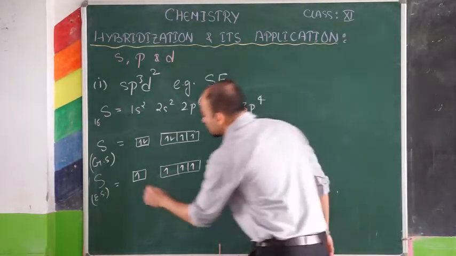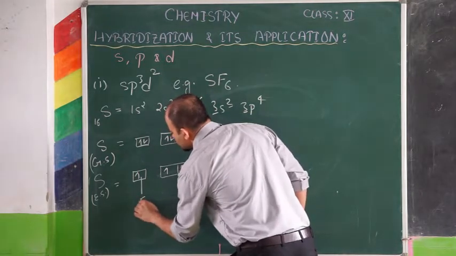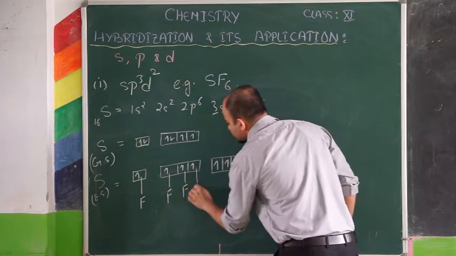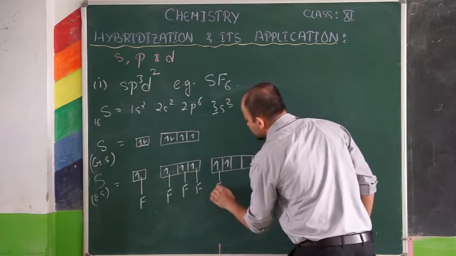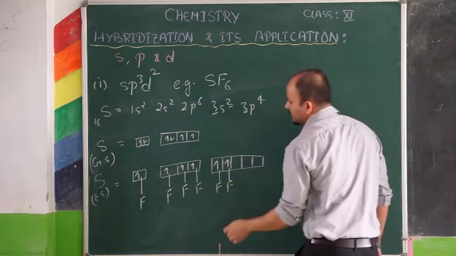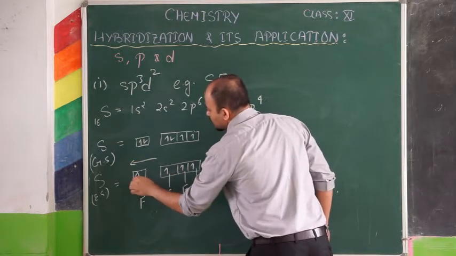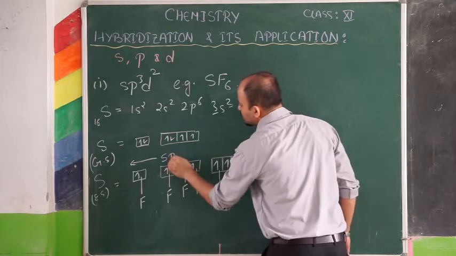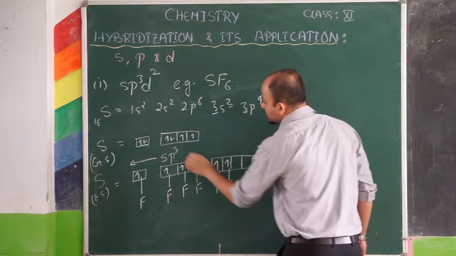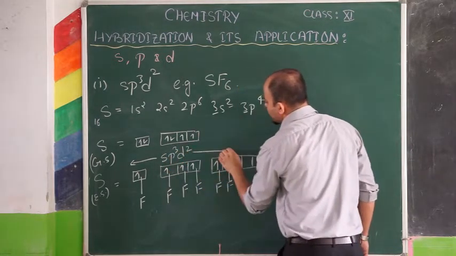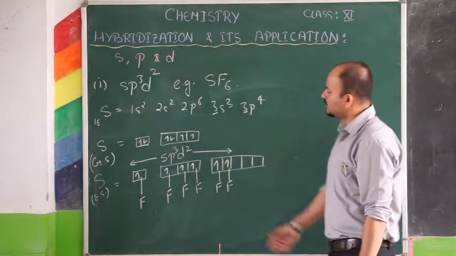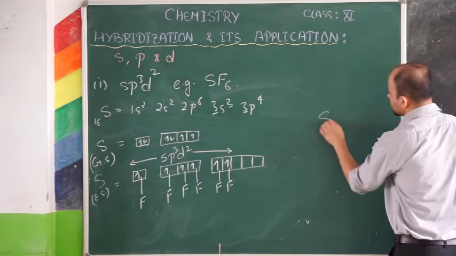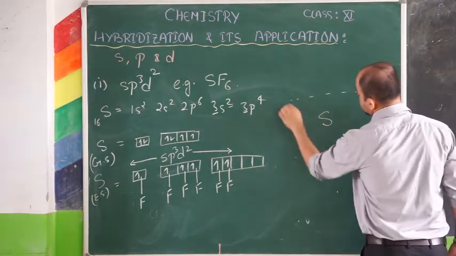Therefore, it is involved in bond formation with these orbitals of sulfur. These are hybrid orbitals of sulfur. Now here you can see that 1 s is involved. How many p are involved in bond formation? 3. And how many d? 2. Therefore its hybridization is sp3d2 hybridization.